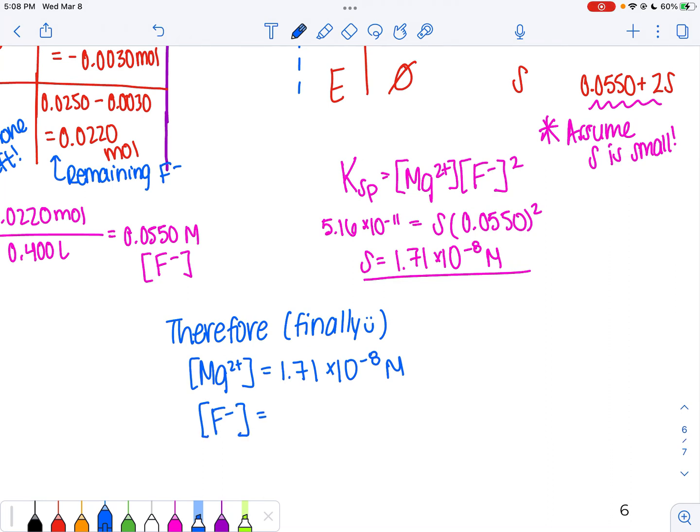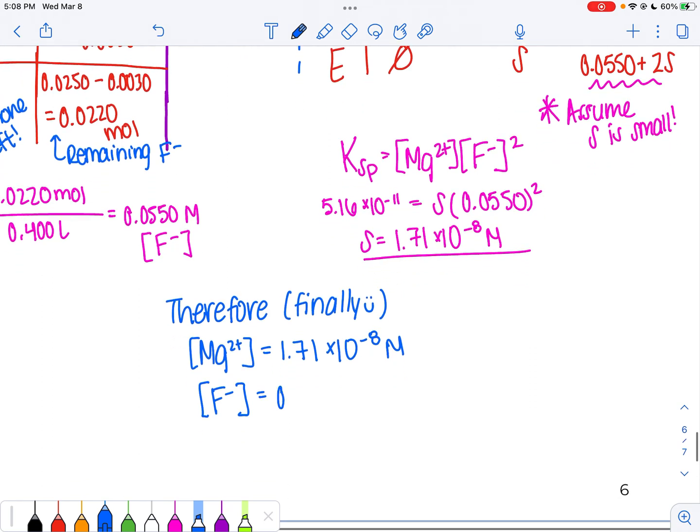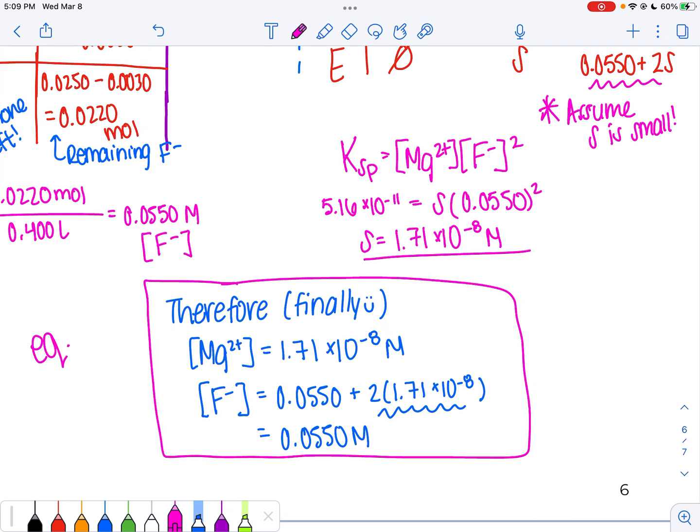Our concentration of the fluoride ions is equal to 0.0550, I think I said that wrong, plus 2S, so 2 times 1.71 times 10 to the -8th. When we plug this in our calculator, this term is so insignificantly small that rounding to sig figs, we end up with 0.0550 molar. So here are our equilibrium concentrations.